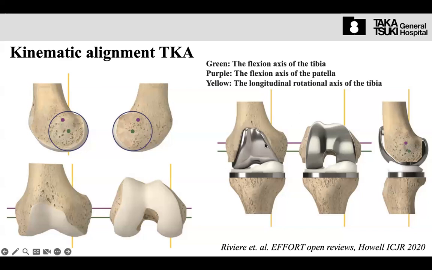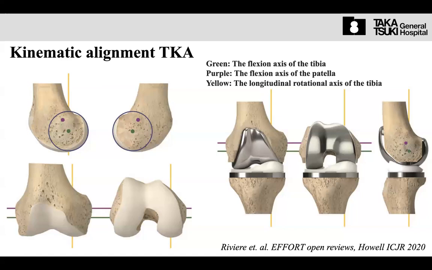So this is the Metacut case here. That is a true medial pivot component. The medial side is virtually ball in socket, like THA, and the lateral side is virtually flat.